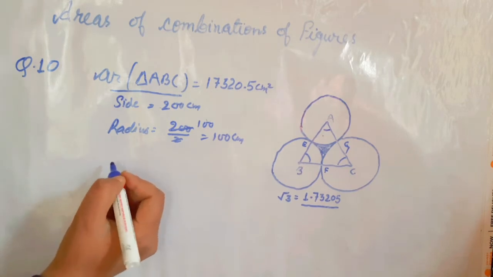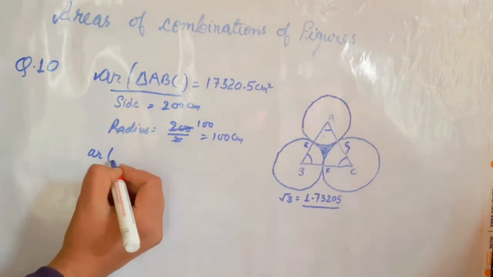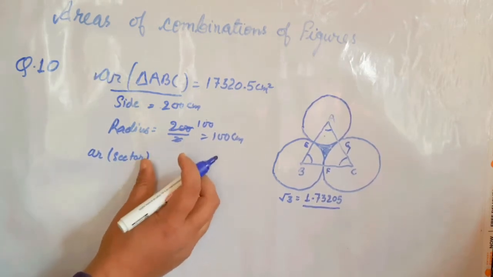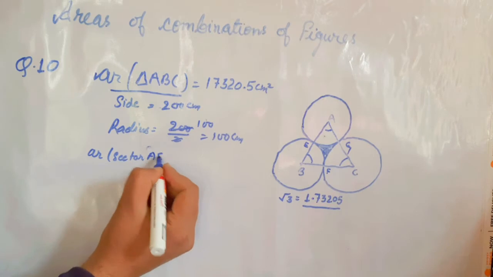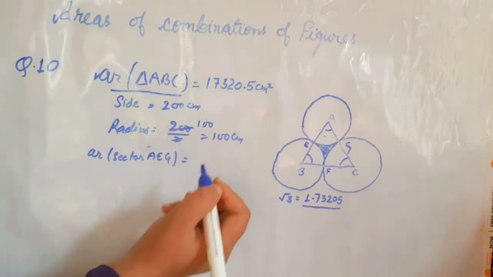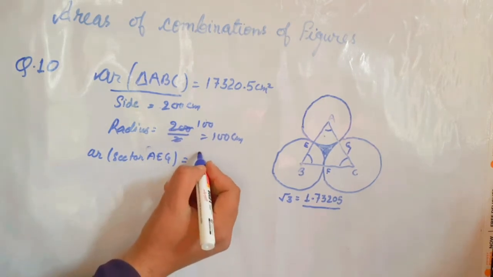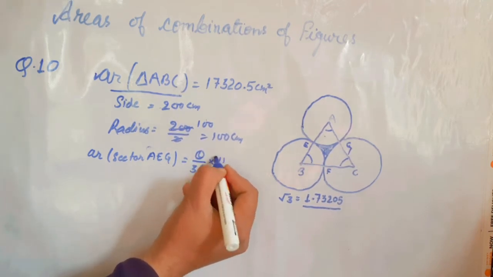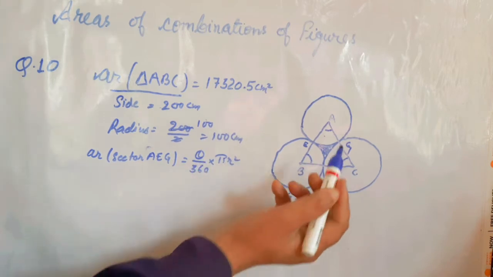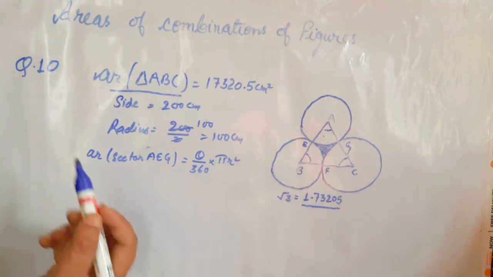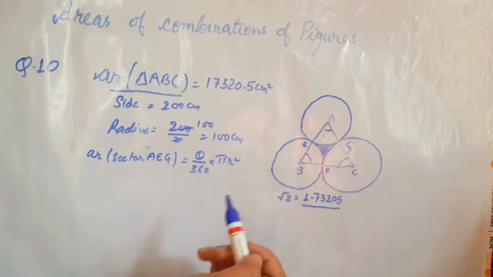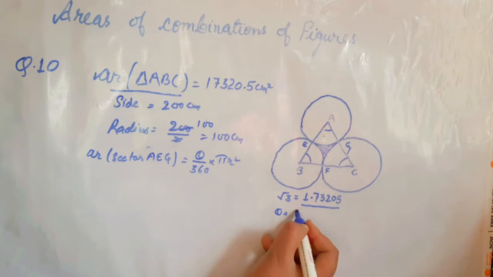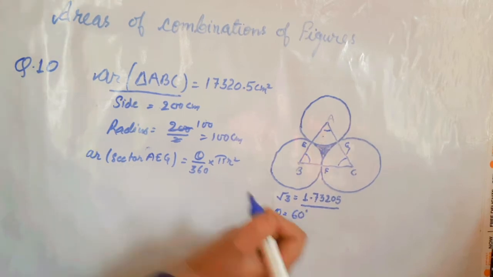So area of sector AEG will be equals to, we know the formula, it is theta upon 360 into pi r square, where theta is equals to angle A and ABC is an equilateral triangle, therefore each angle of equilateral triangle is 60 degree.